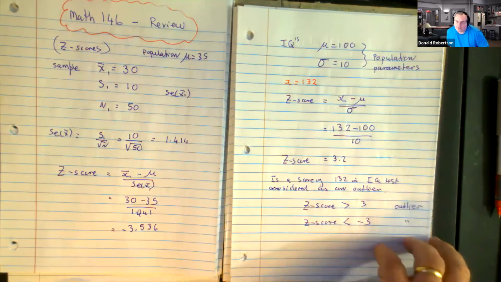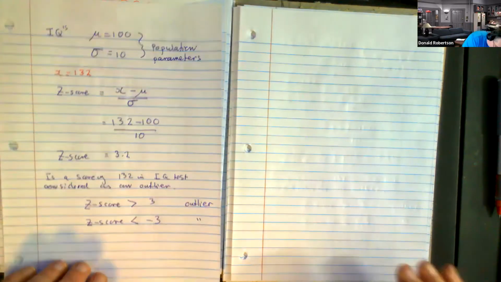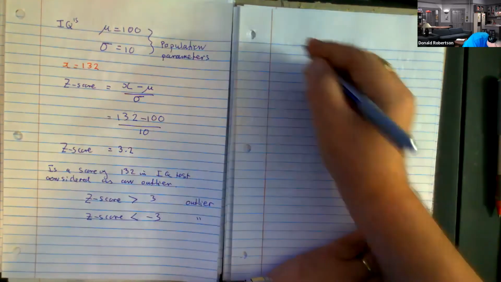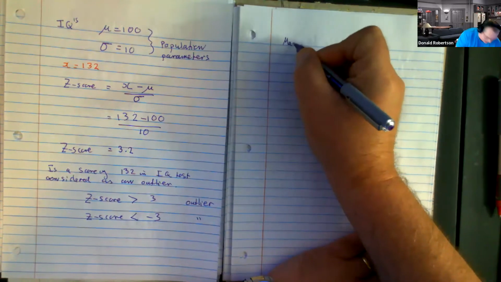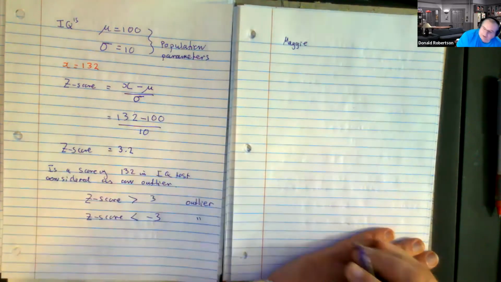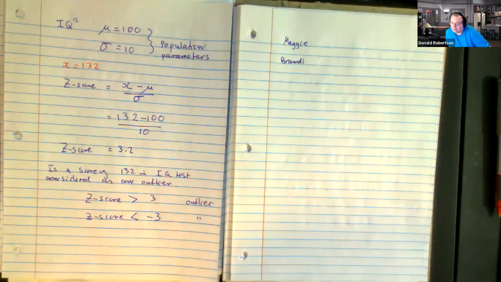Now, you can also use z-scores in yet a third way. And that is Maggie against Brandy. You don't know this, but you two are long lost sisters. And you did a test and you compared them.